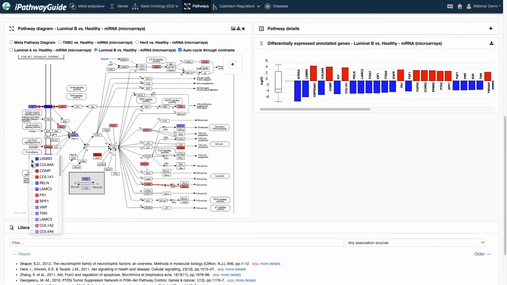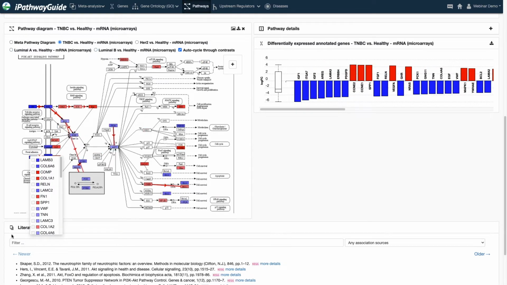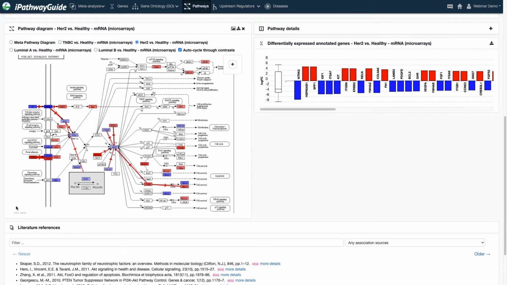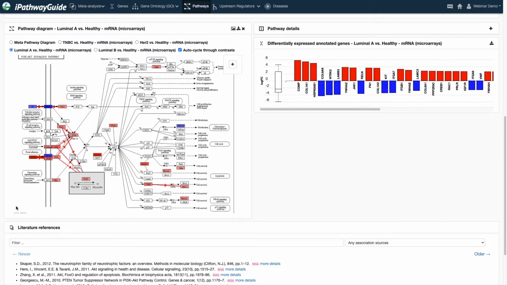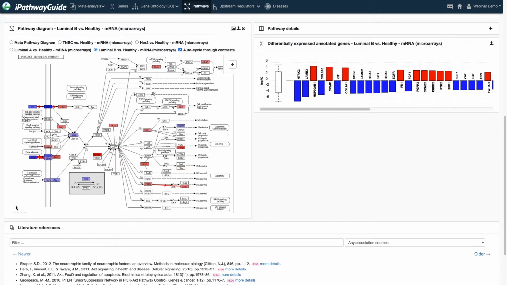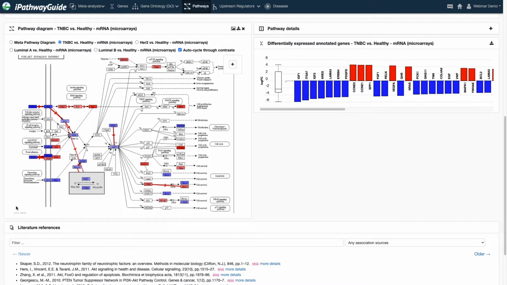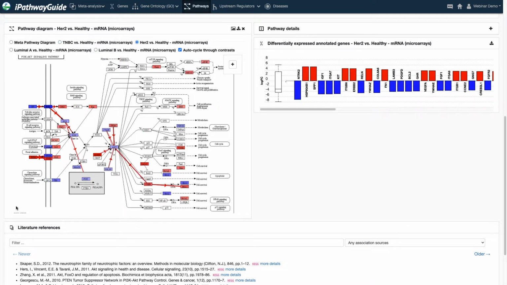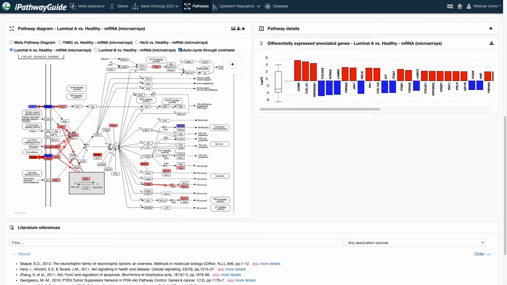So we see something goes up here, this ECM goes up and then down. I think this is a nice quick way to start generating hypotheses about where is the crux of the difference between our contrasts.